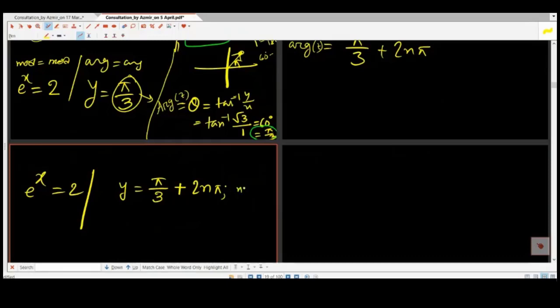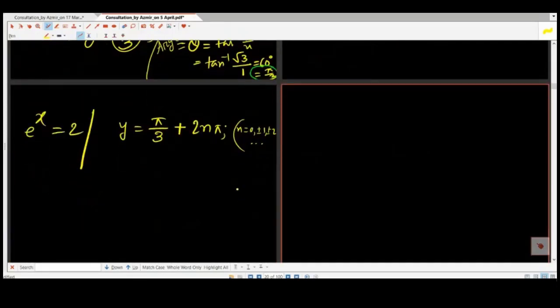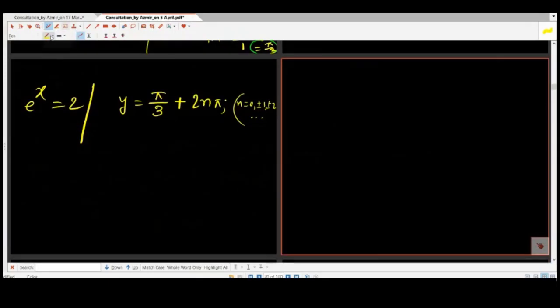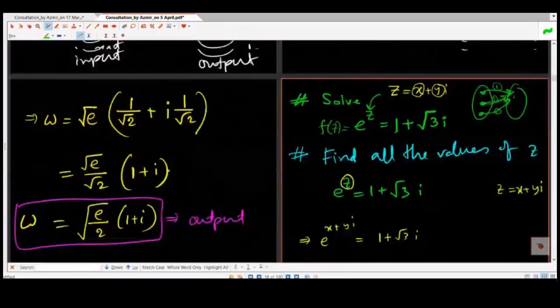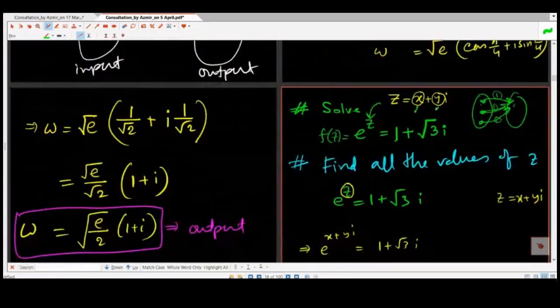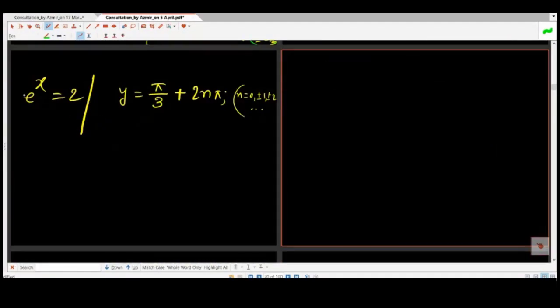Remember, n equals 0, plus minus 1, plus minus 2, up to infinity. Our target is to find x and y because we need to have z finally. Let's find x.